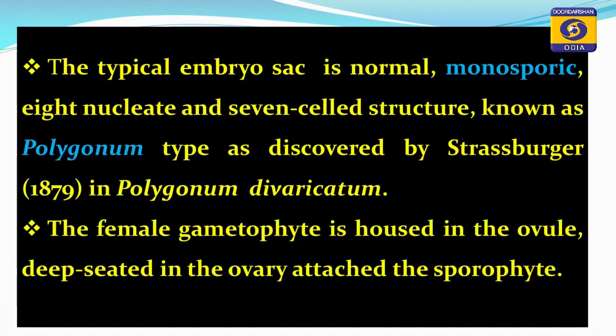So, as this type of female gametophyte develops from a single spore, that is monosporic embryo sac, and it was discovered in polygonum. So, that is why the monosporic embryo sac is polygonum type, typical of the angiosperms.